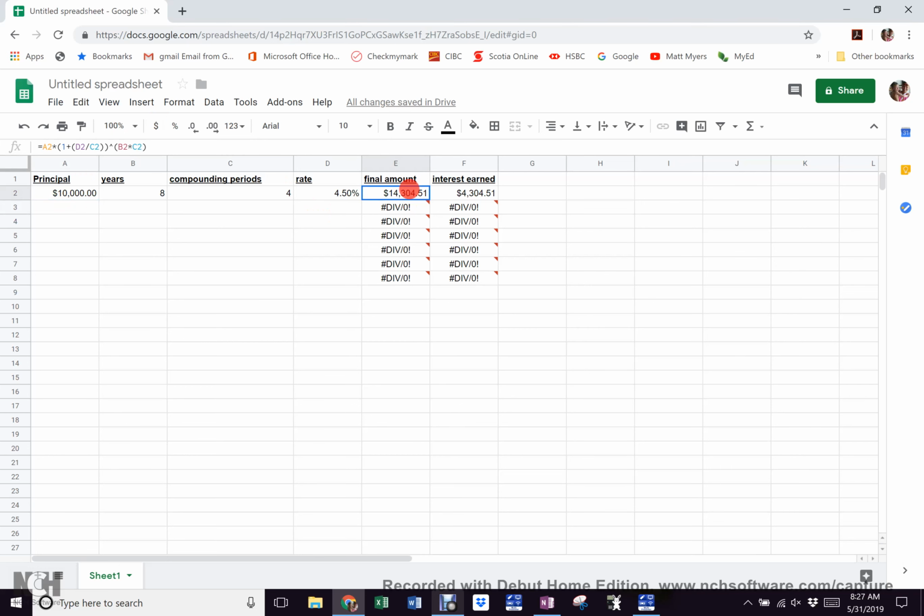Remember, you have to highlight here, drag down, and push Control D. Or this button. I can't remember how to do it on Google. I know how to do it on Excel, but Control D works. Is everyone looking at this now? It's putting this number. Did you type in this whole formula?